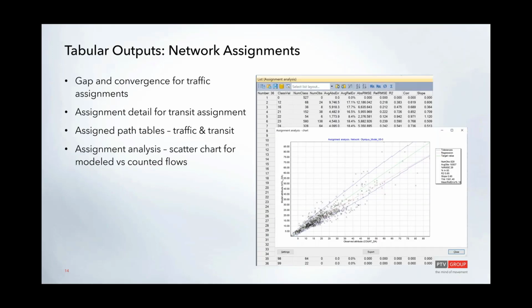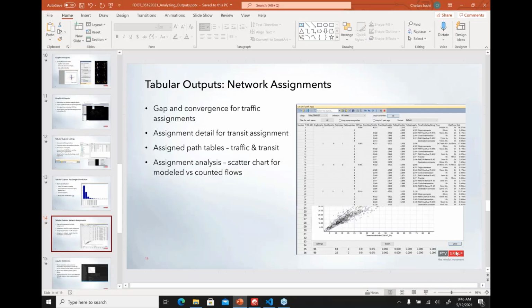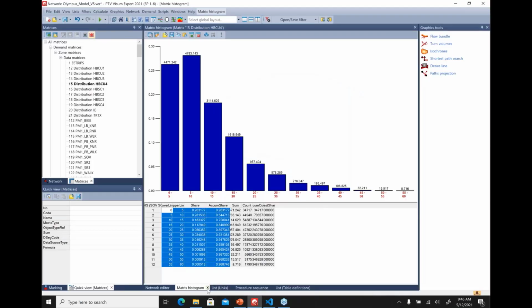You can also create scatter plots, and then you can also look at line loadings for your transit lines. So let's have a look at this particular scatter chart and so forth within Visum and how that looks.